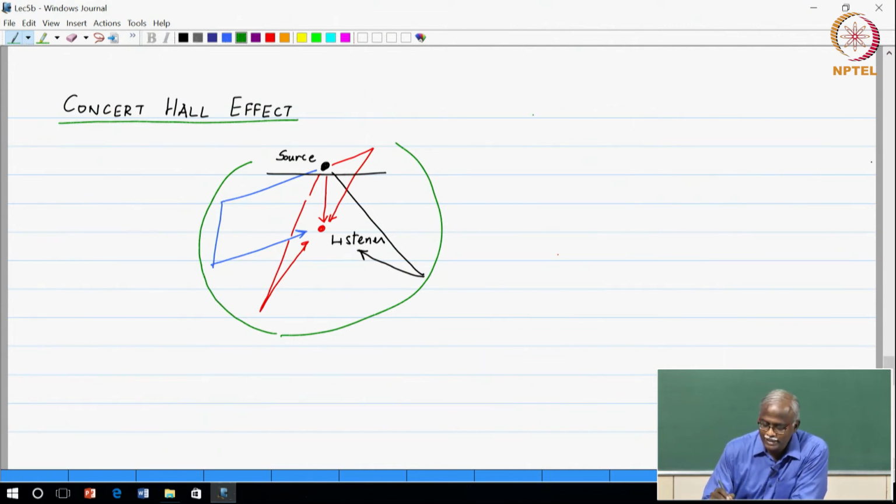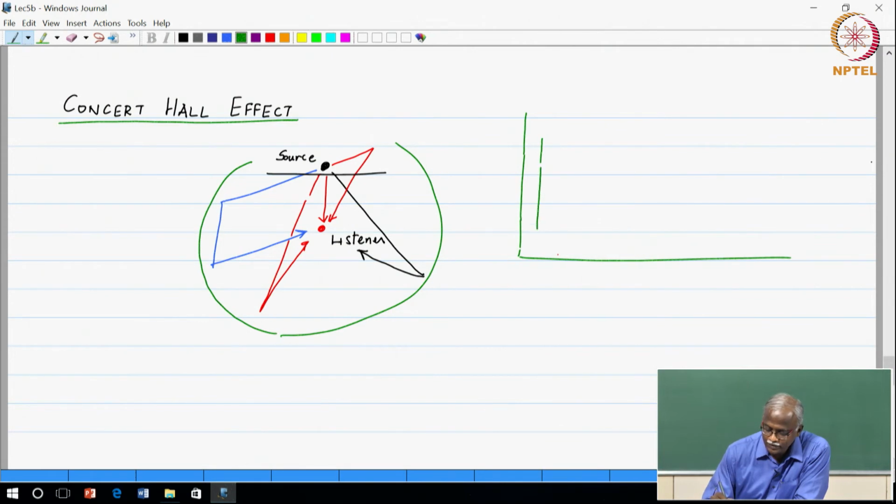So, from a signal processing viewpoint, there is a direct path. You get a signal that is coming directly from the source of the music, but there are also multiple copies. If you were to characterize the received signal, there is a direct path which arrives, and this is in microseconds.